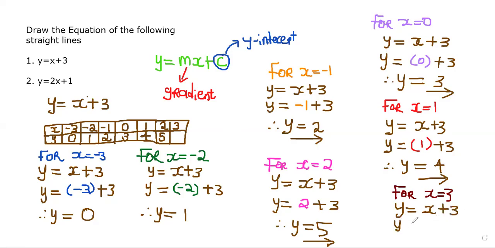And then y is equal to, then the value of x, you can see that we are given 3. So that will be open bracket 3, and then continue and say plus 3. Therefore, the y value here will be 6, because 3 plus 3 is 6. The 6 that you have, you write it there.